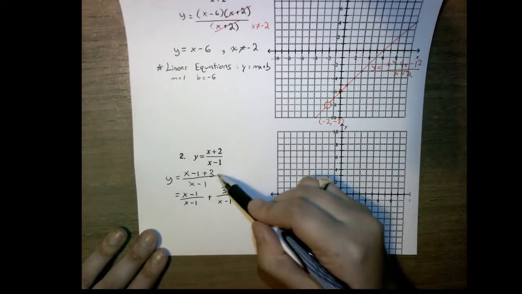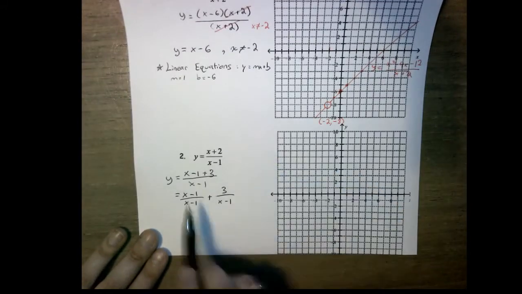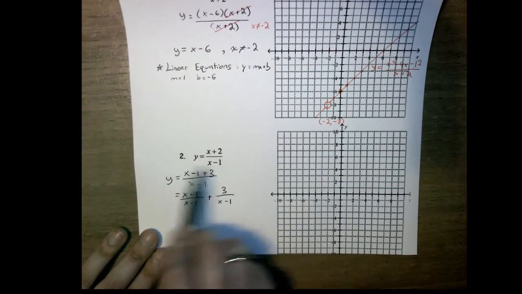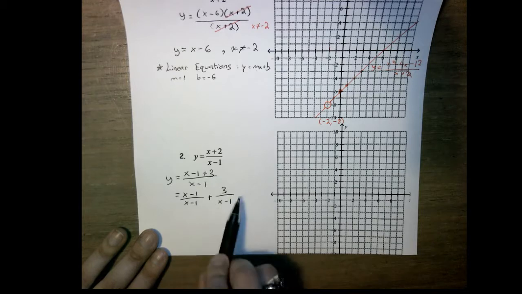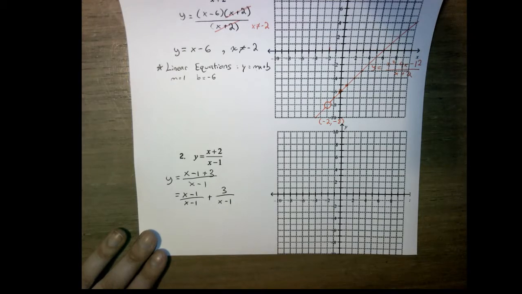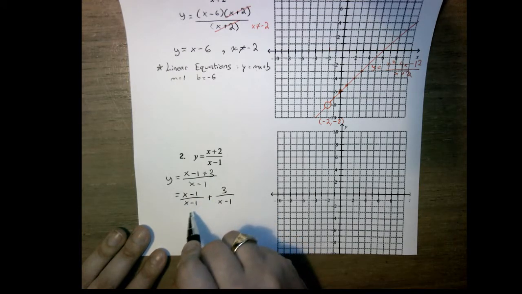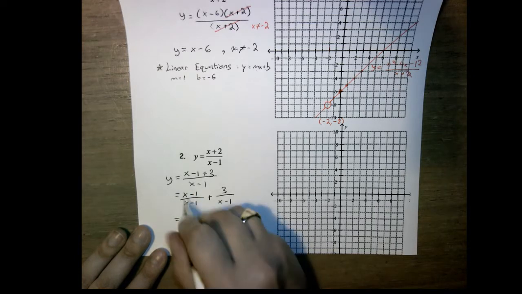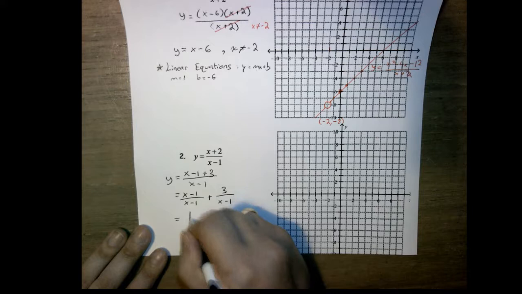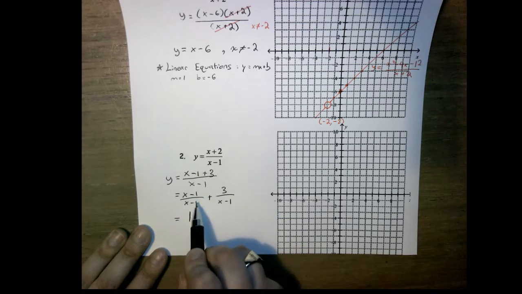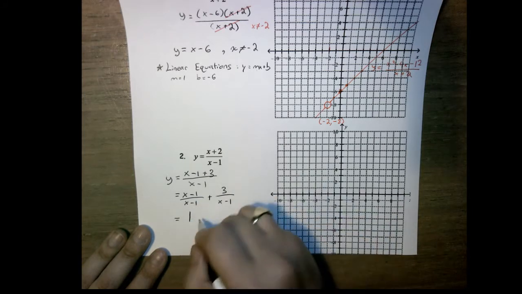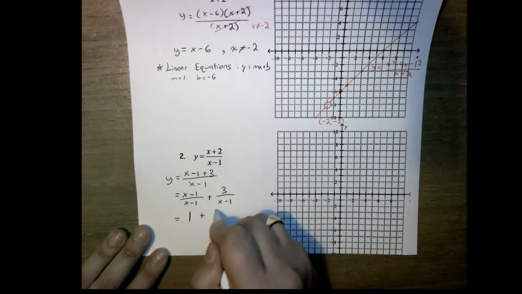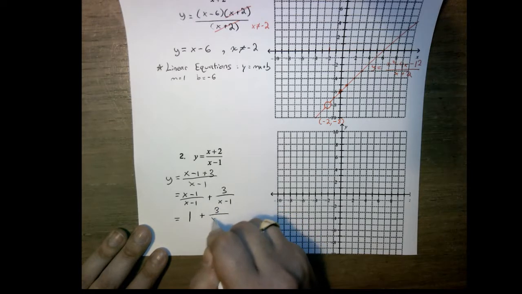So going from this step to this step, all I did was break one expression into 2 expressions here. And since x minus 1 over x minus 1 is the same thing on the top as the bottom, that is equal to 1. So I have x minus 1 divided by x minus 1, that's equal to 1, plus 3 over x minus 1.